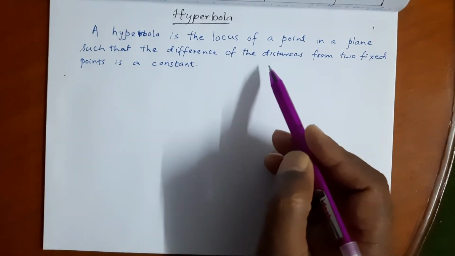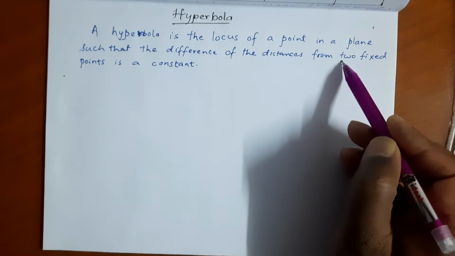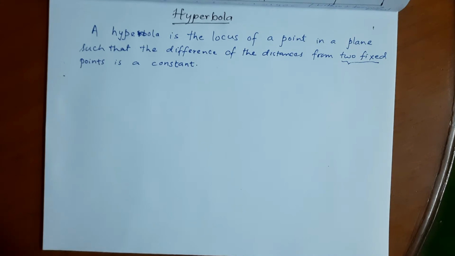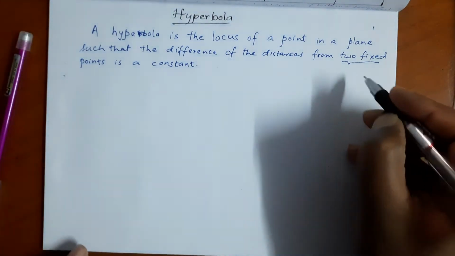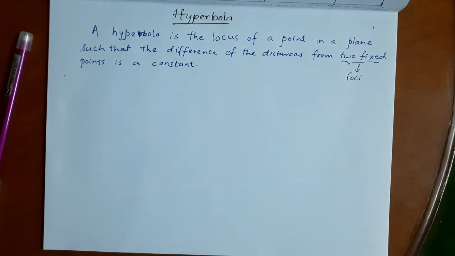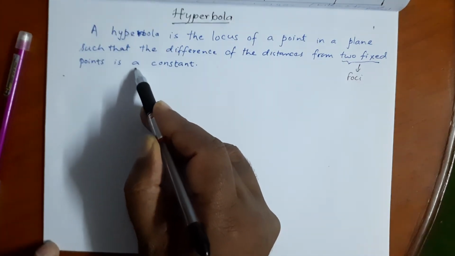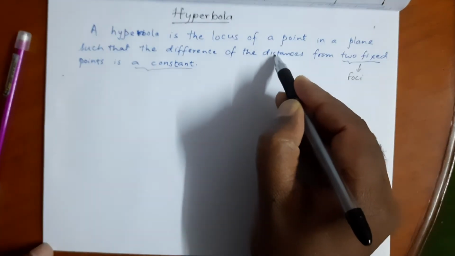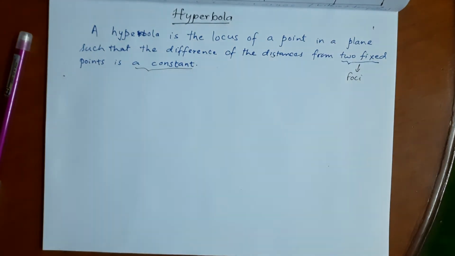These two fixed points are known as the foci of the hyperbola, and this constant difference gives the distance between the vertices of the hyperbola. That will be clear when I derive the equation of the hyperbola in standard form.